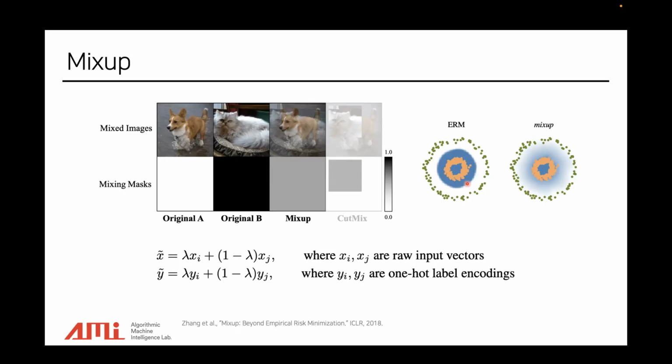As you can see, ERM has a very sharp decision boundary, and Mixup has a smoother one. This smooth decision boundary prevents the model from having overconfidence on uncertain examples, so this brings more generalization ability.